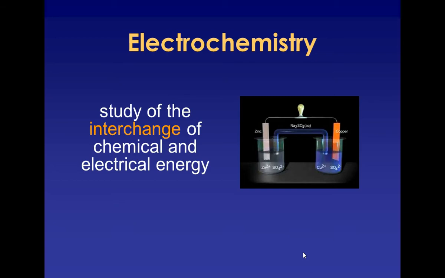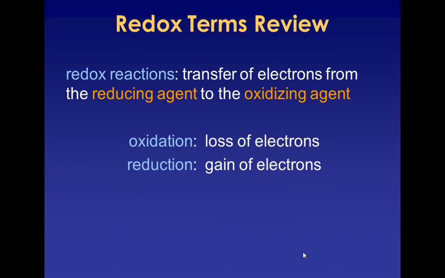Some of those pieces will be of help to you in the galvanic cells and the electrolytic cells that we're going to discuss. So, when you have a redox reaction, you have some substance losing electrons to another substance which is gaining those electrons. The substance which is losing the electrons is undergoing oxidation, and the substance that's gaining the electrons is undergoing reduction.